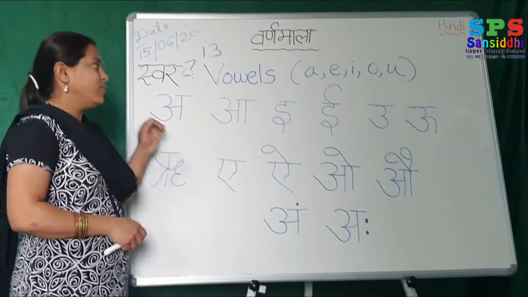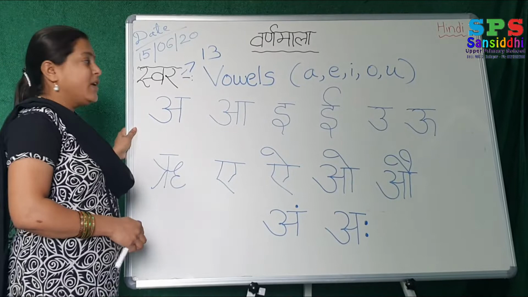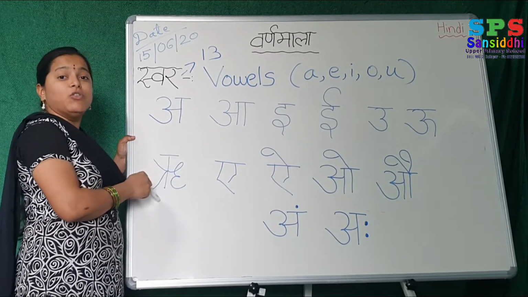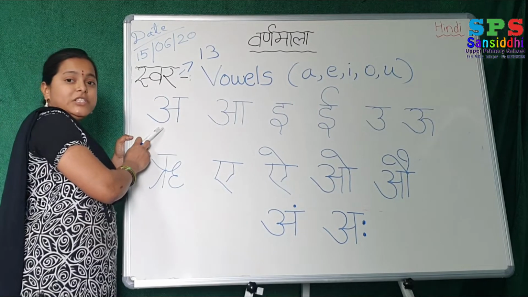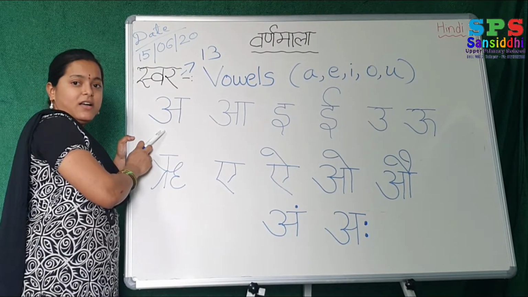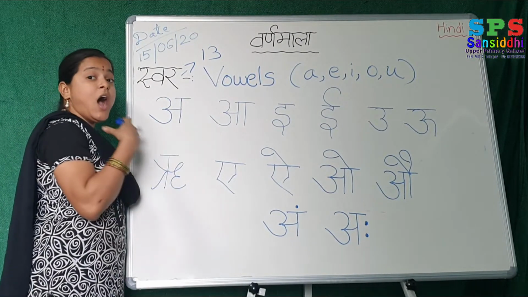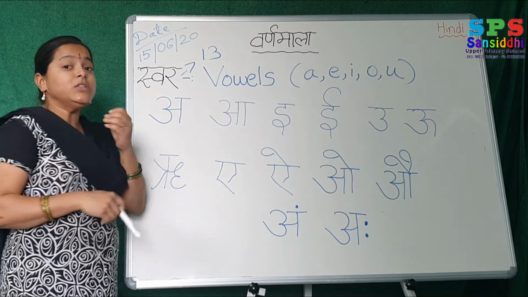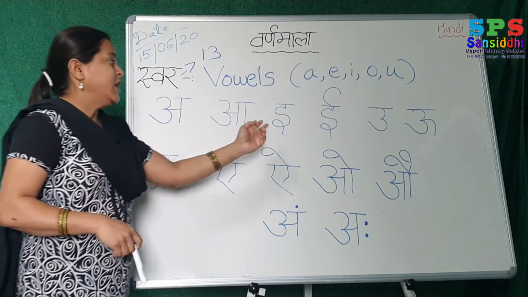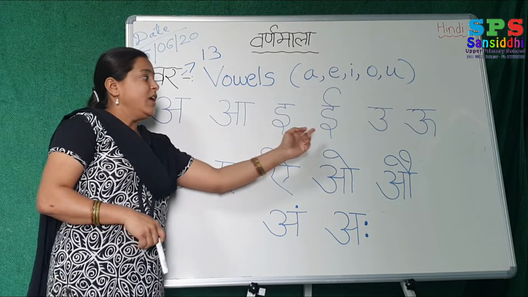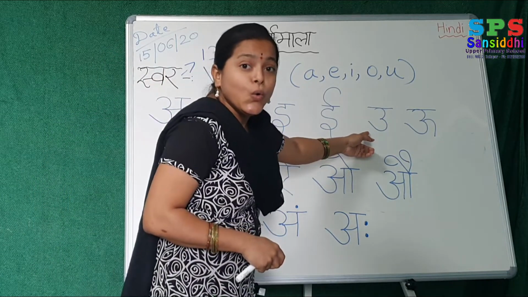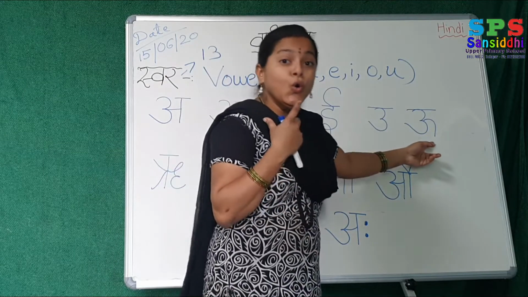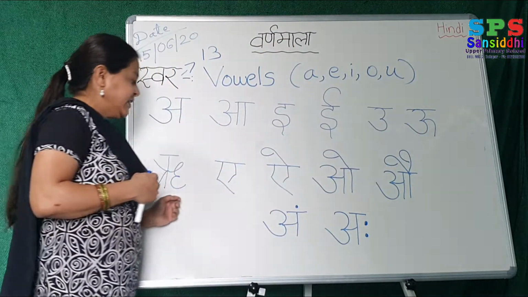Kids, shall we read how to read the vowels? These vowels. First one, it is A. Open your mouth. A. E. E. U. Oo. Re.